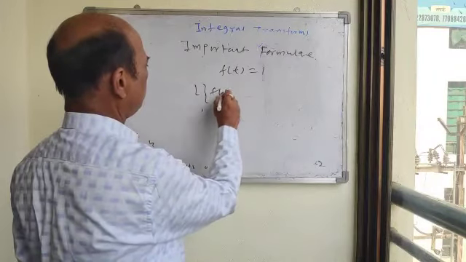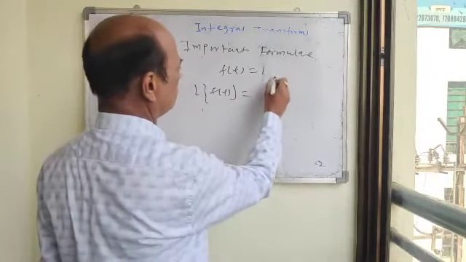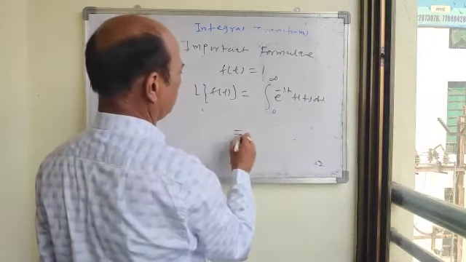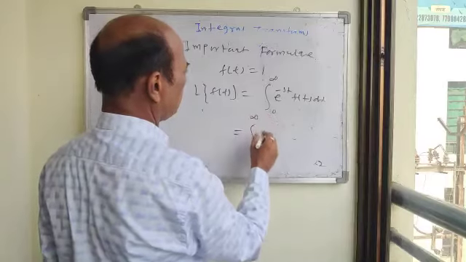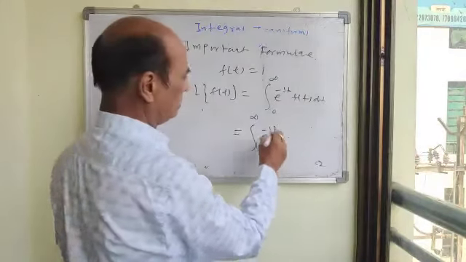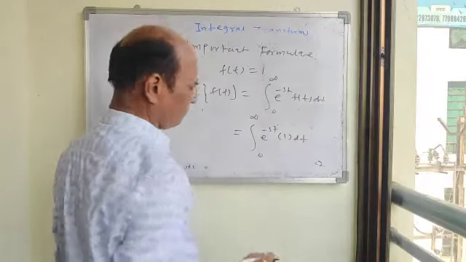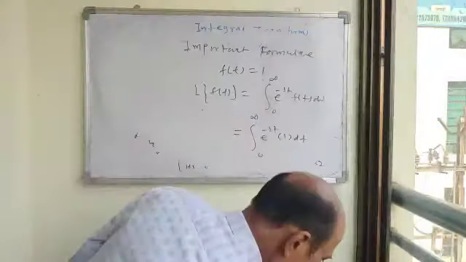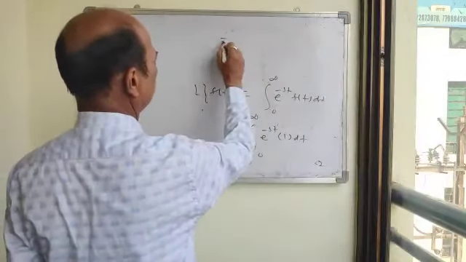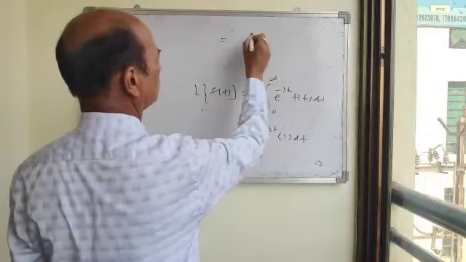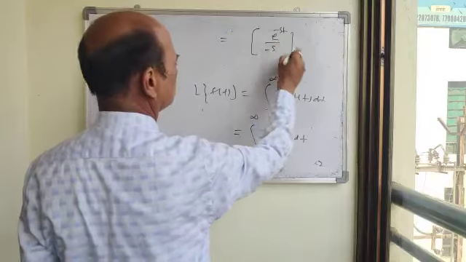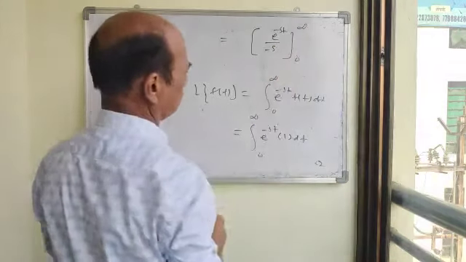By our definition, L of f of t is the integration from 0 to infinity of e to the power minus st f of t dt. So here it is the integration from 0 to infinity of e to the power minus st into 1 dt, which is equal to the integration of e to the power minus st, that is e to the power minus st upon minus s, from 0 to infinity.